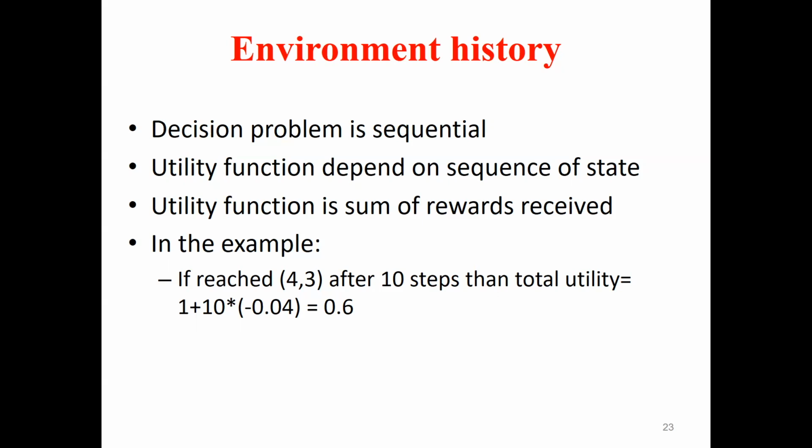So in 10 moves, after the 10th move, we reach the final one. So for the final one, the utility is 1. The reward was 1 over there. And for the other states, which before taking these 10 steps were non-final, they have the reward -0.04. So in total, we came to know that we made a profit, or we got a total reward or utility of 0.6.